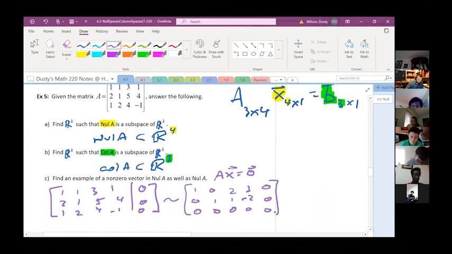So how many free variables are there? So 2 free variables. And so we're going to end up with our null space being described by having at least 2 vectors in its spanning set.